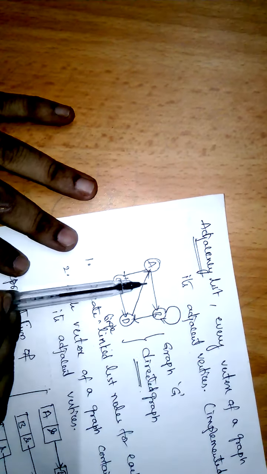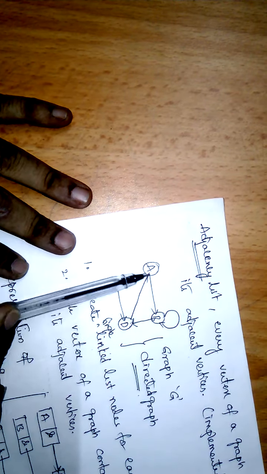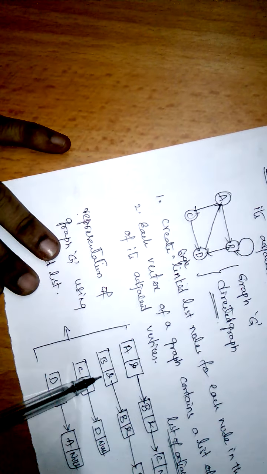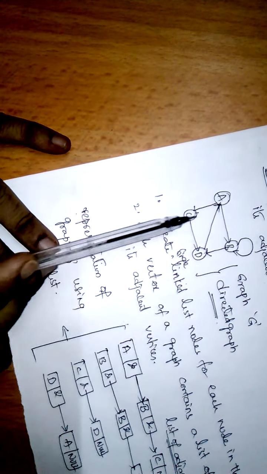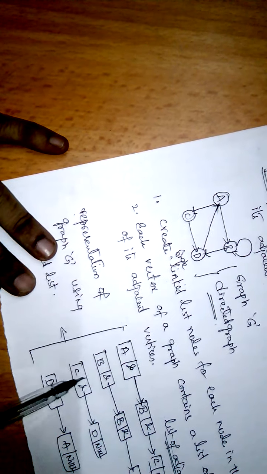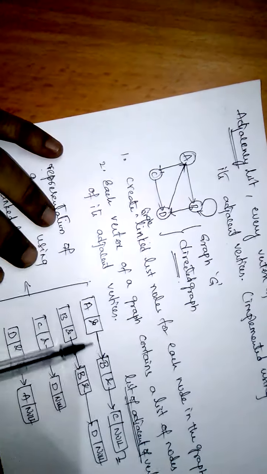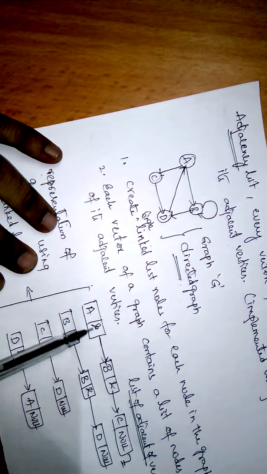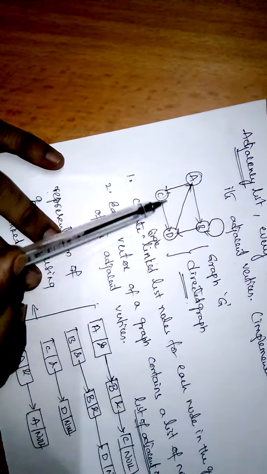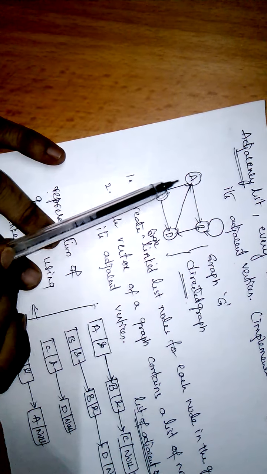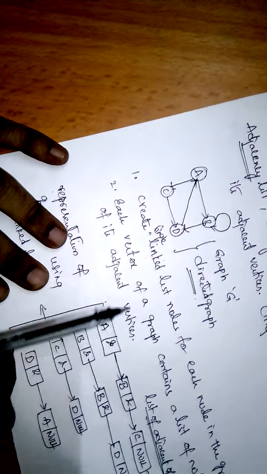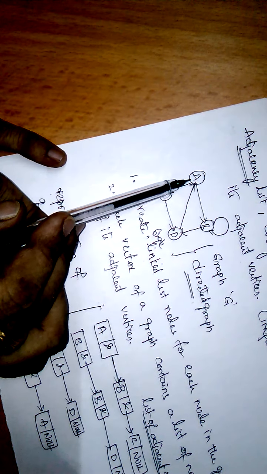Now in this graph we have 4 vertices A, B, C, D. So first we create 4 linked list nodes for the 4 vertices. Next, for each vertex, create a linked list of nodes which are adjacent to that vertex. Suppose we take A, what are the adjacent vertices of A?